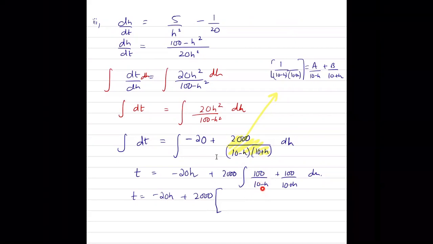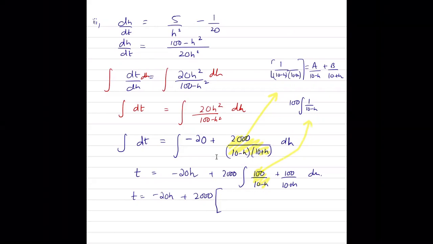The differentiation of the denominator is minus 1, and in the numerator you are going to have plus 1. Recall that when the differentiation of the denominator is present in the numerator, you use ln for the integration.